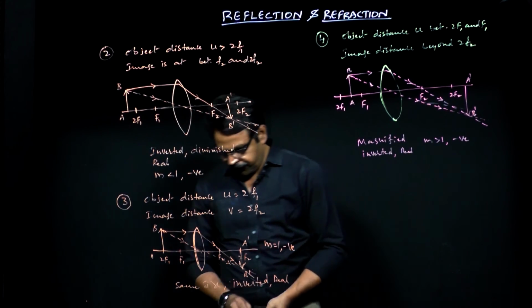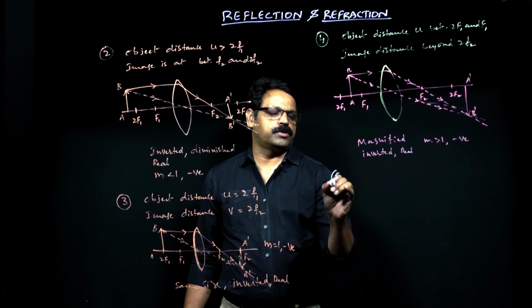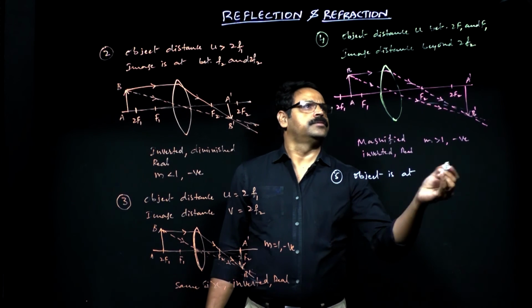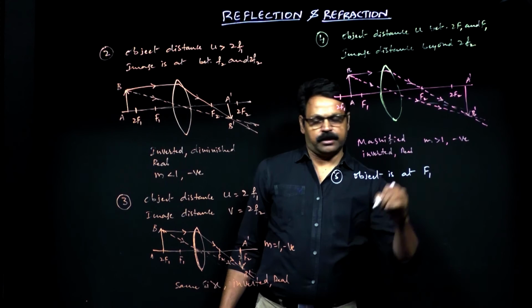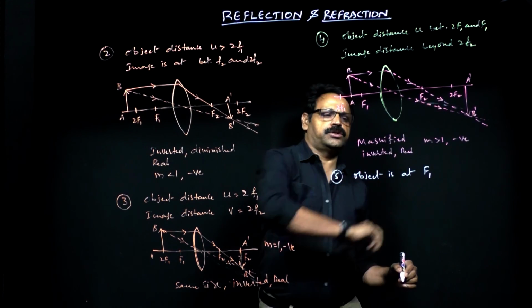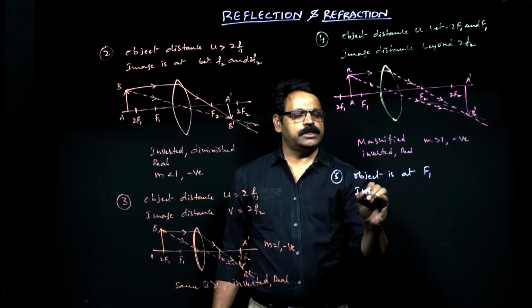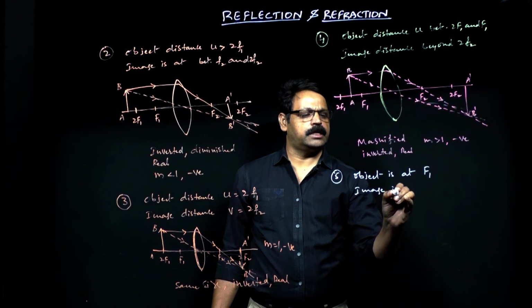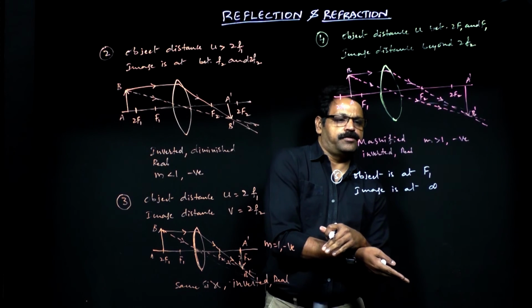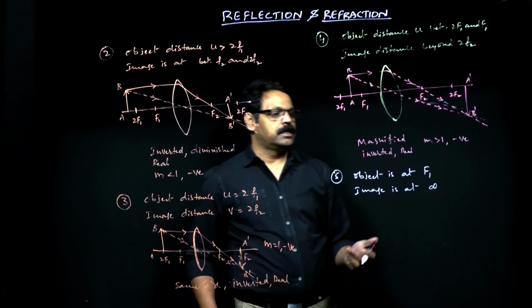Similarly, we move the object to the focus f1. I am just moving the object from infinity towards the center of the lens. When the object is at infinity, the image is at focus 2.